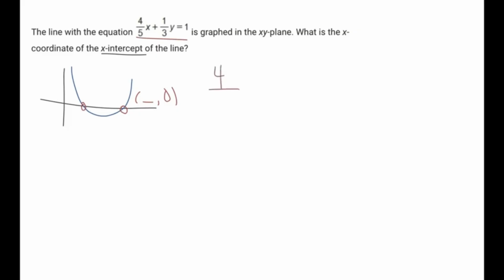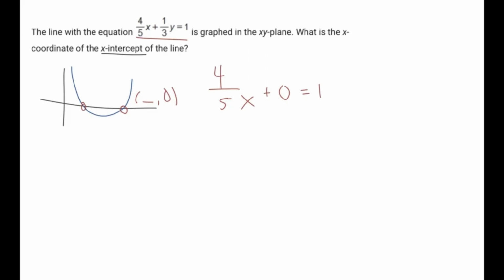So then we have 4/5 x plus 1/3 times 0 is 0. So plus 0 equals 1. And now we can just solve for x, because y was 0, which means we're solving for the input that gets us 0 as y. And this is a function.